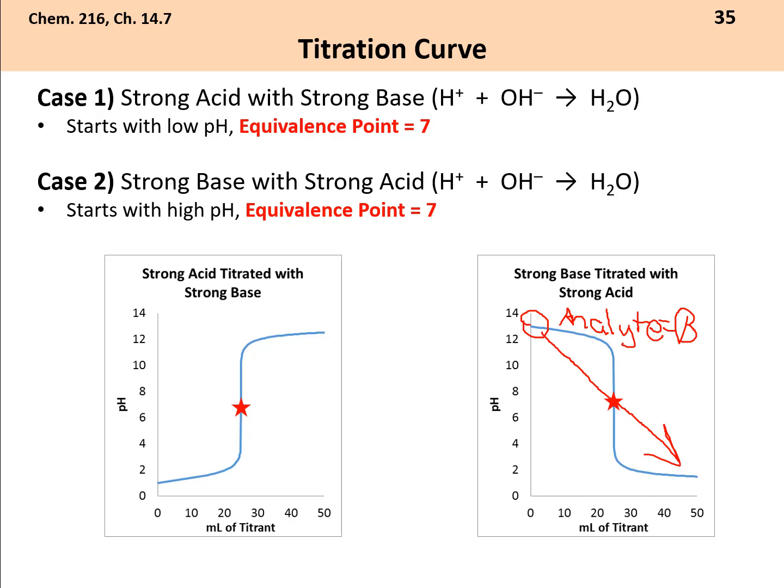I've just flipped the two graphs. My pH at equivalence is still 7, but now I'm going from a basic pH to an acidic pH. So these are two titration curves for strong acid and strong base. They differ based on which one I'm adding to the other.